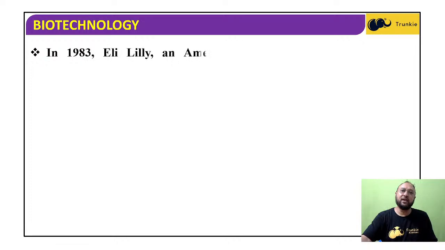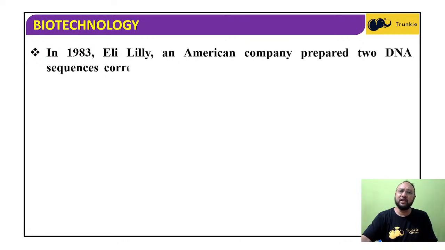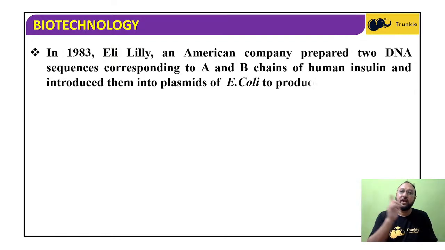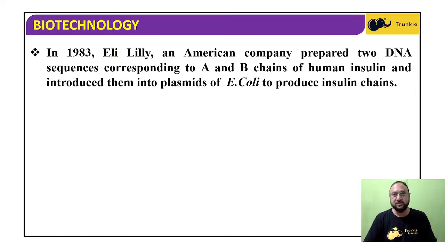In 1983, Eli Lilly, an American company, prepared two DNA sequences corresponding to the A and B chains, alpha and beta chains, of human insulin, and introduced them into the plasmid of E. coli, Escherichia coli, to produce insulin chains. The gene responsible for producing the A chain and B chain was introduced into the plasmids of E. coli.